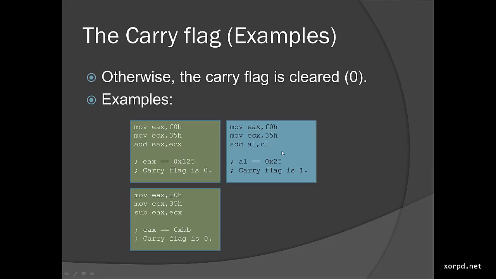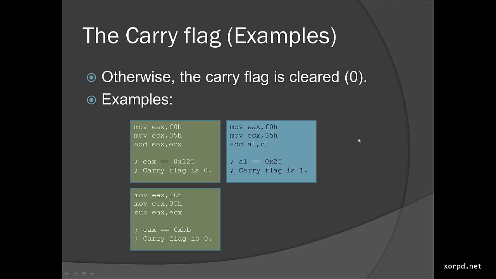So the result is going to be AL equals 25 in base 16. The 1 that we have here has no room inside AL. So it actually goes inside the carry flag. And this time the carry flag tells us that some kind of overflow has occurred when we added those two numbers. It tells us about the problem.